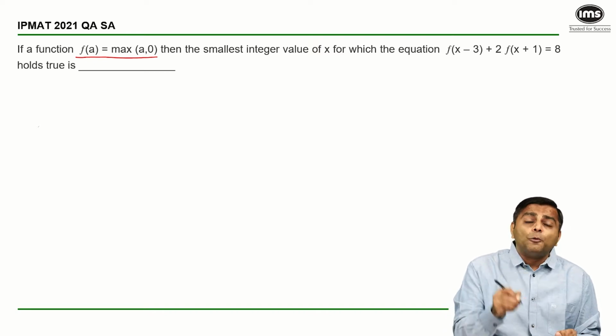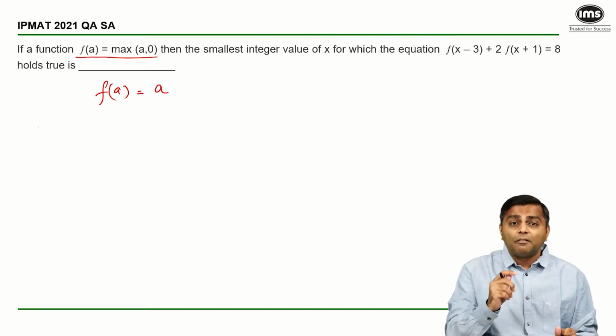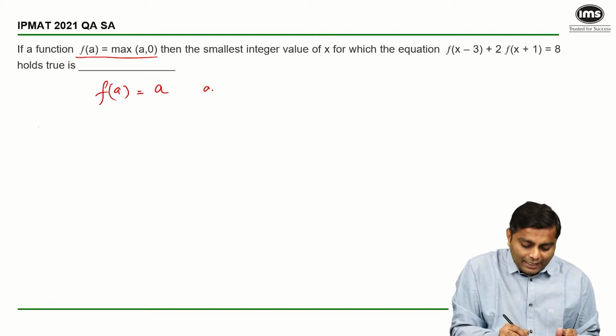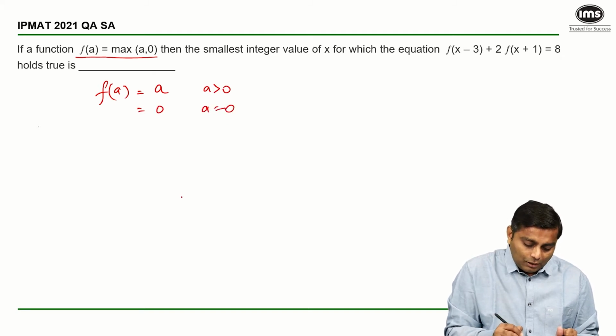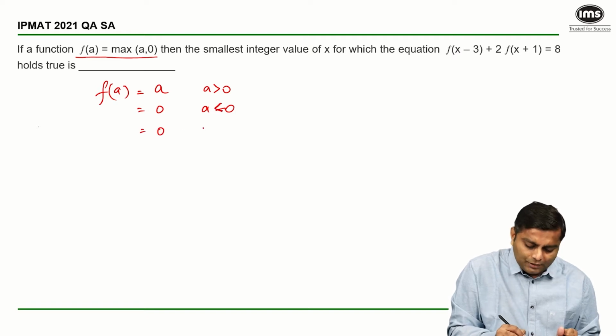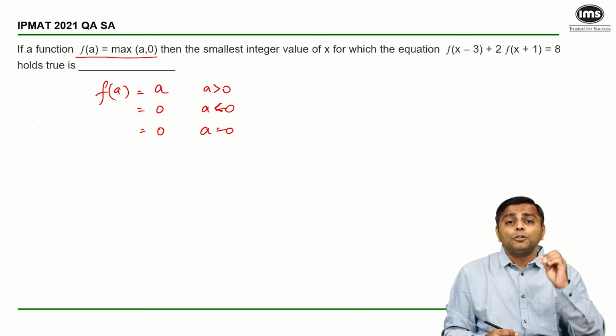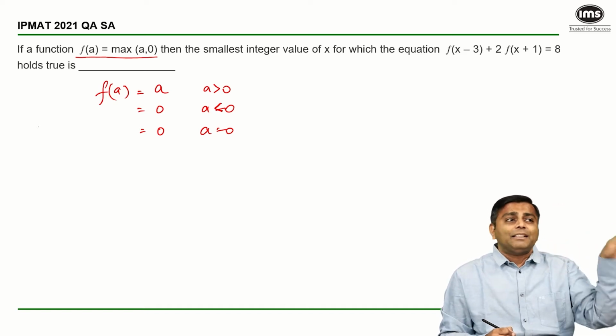So, the output of that function f of a is going to be the value a itself when a is positive. It's going to be 0 when a is equal to 0, and it's going to be 0 when a is negative. Correct? So, this is the first thing that you should make sense of in your head by reading that function.